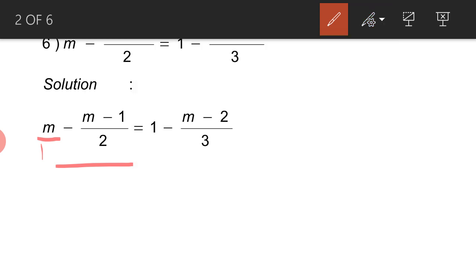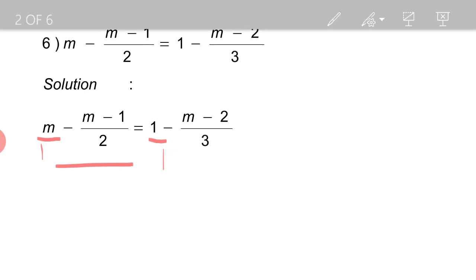Similarly, coming to RHS, you can have 1 upon 1 and then (m - 2)/3. So here we will again make the denominator same, and here LCM will be 3. So in LHS, LCM is 2. In RHS, LCM is 3. And we are simplifying LHS and RHS separately but simultaneously. Is it okay? So let us go for the solution.